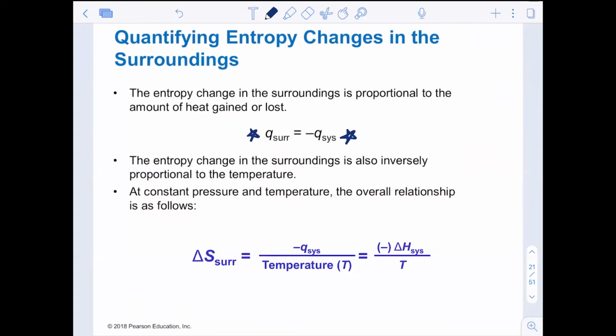The entropy change of the surroundings is also inversely proportional to the temperature. And what we come up with is a calculation for the delta S of the surroundings: delta S of the surroundings equals the opposite sign, negative delta H of the system, over temperature. This is an important discovery because it will help us quantify the entropy of the surroundings.